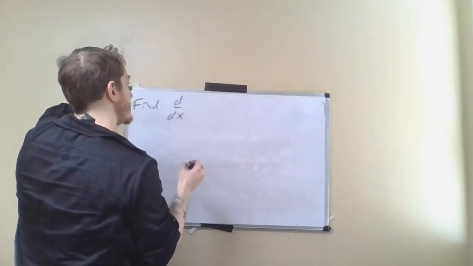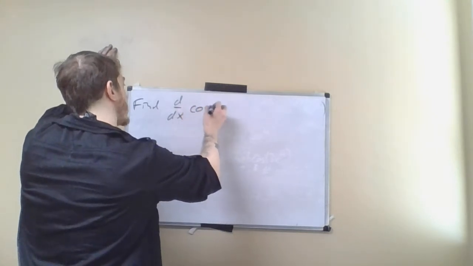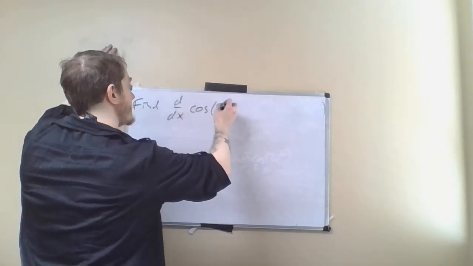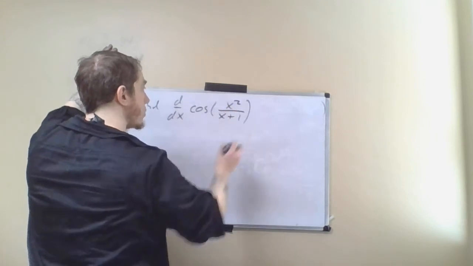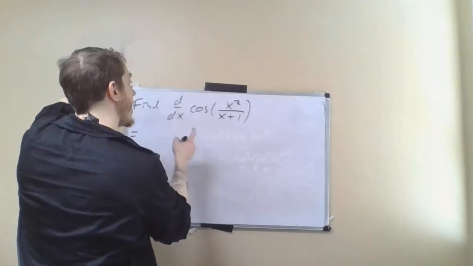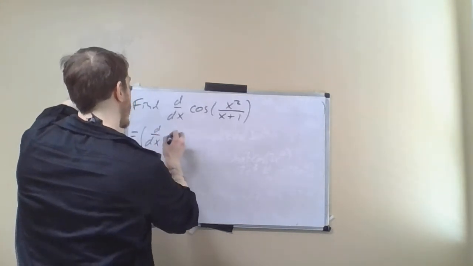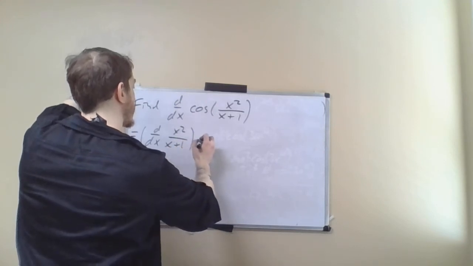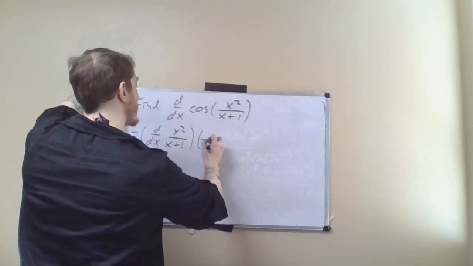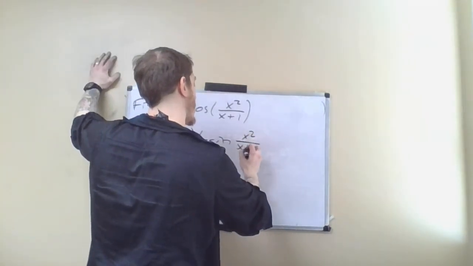Let's suppose that I want to find the derivative of cosine of x squared divided by x plus 1. Well, I use the chain rule. This is going to become the derivative of x squared over x plus 1 times negative sine of x squared over x plus 1.